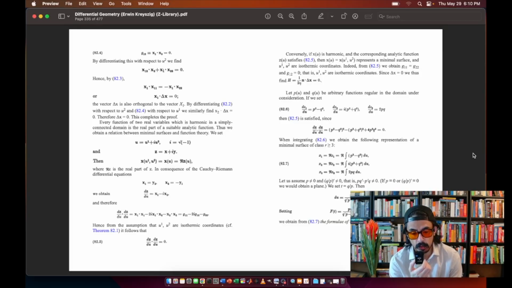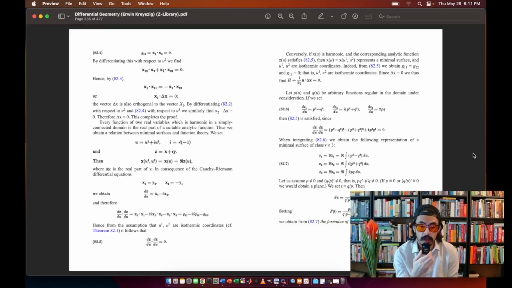Then we have x sub 2 equal to the real part of z sub 2, which is equal to the real part of the integral of i times the quantity p squared plus q squared du. And finally, x sub 3 equal to the real part of z sub 3, which is equal to the real part of the integral of 2pq du.